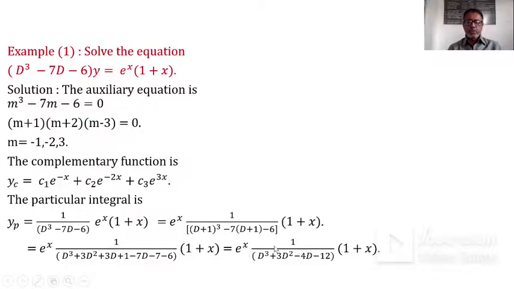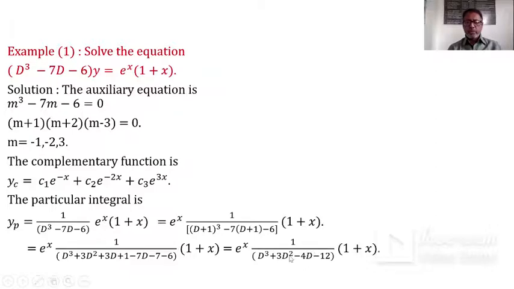This is equal to e to the power x 1 upon d cube plus 3d square plus 3d minus 7d, which is minus 4d, then minus 6 minus 7 is minus 13, plus 1 is minus 12, and we operate on this 1 plus x.